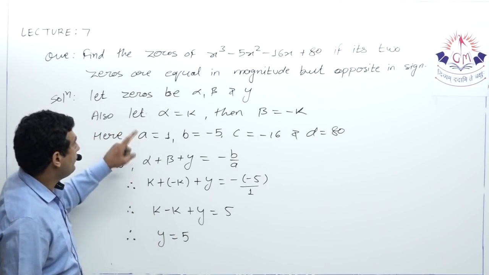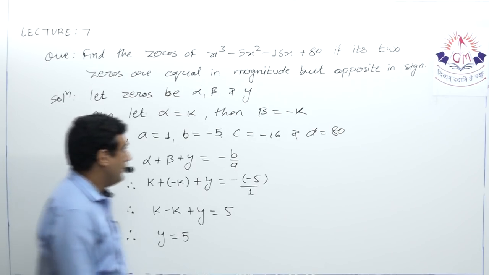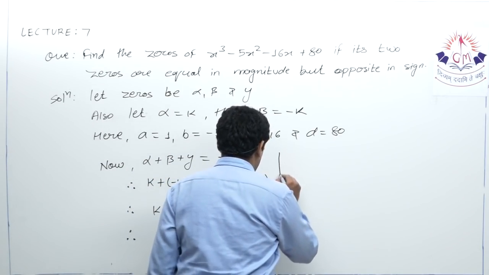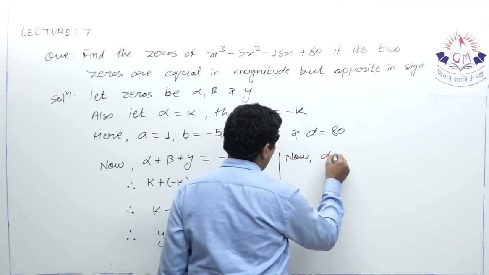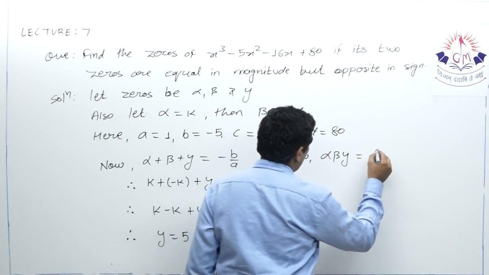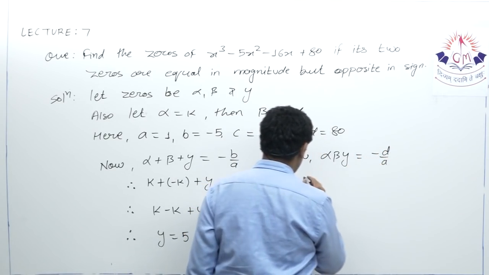So here I obtain the one zero. Now I'll try to get the values of alpha and beta. Okay, so let us see. Now alpha beta gamma is equal to minus d upon a.